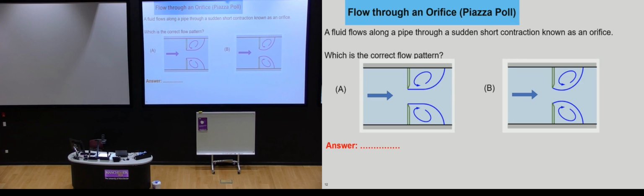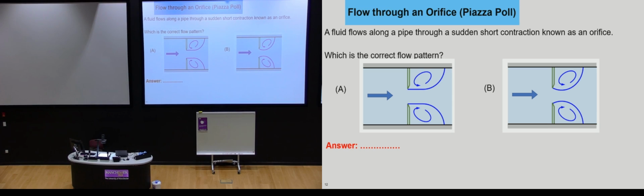All right, so I've introduced this idea of what happens to the physics of flow through an orifice, okay, and so here is the Piazza poll for today. So fluid flows along a pipe through a sudden short contraction known as an orifice, okay. You've got two options here for the flow pattern.